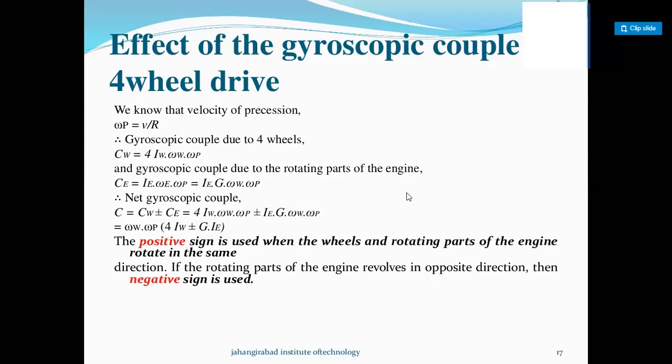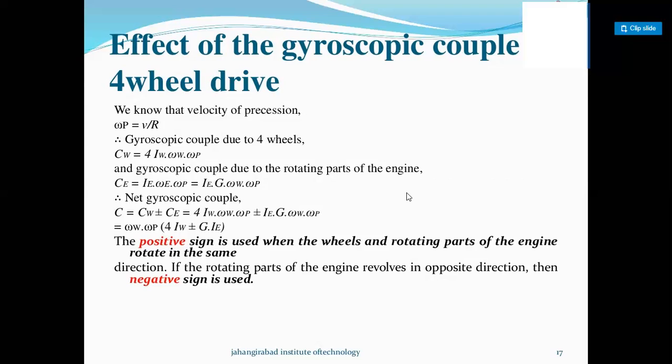Otherwise the negative sign should be considered. So when they rotate in the same direction, the total momentum is the summation of wheel and engine momentum. If the rotating parts of the engine revolve in the opposite direction, then the total momentum is the subtraction of the wheel momentum from the engine momentum.